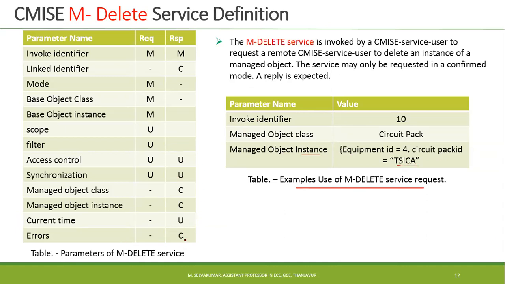If any error occurs, the error will be sent to the delete service. Invoke identifier, linked identifier, the same parameters that we saw in the get service and set service, will be applicable here also. And the deleting information is invoke identifier 10, managed object class circuit pack, managed object instance, equipment ID, circuit pack ID, TCICA.